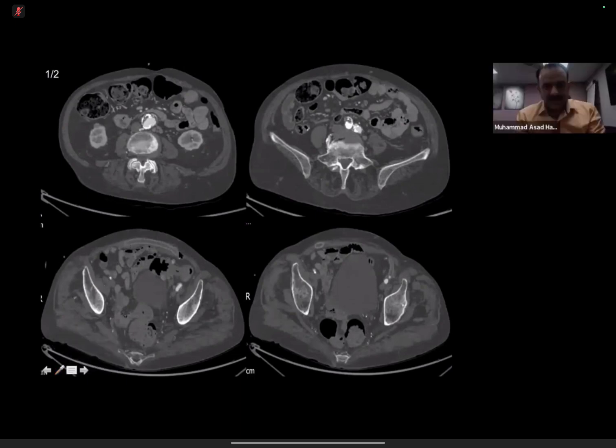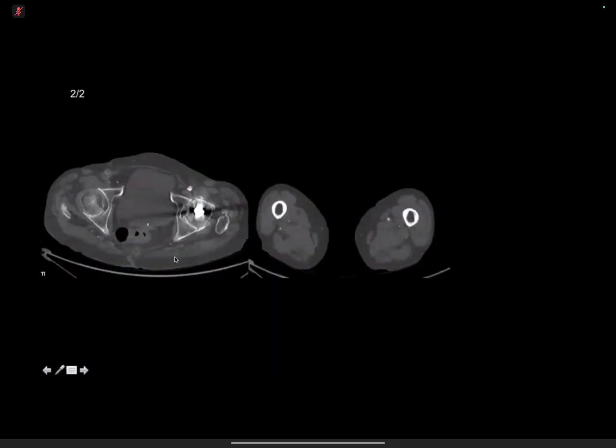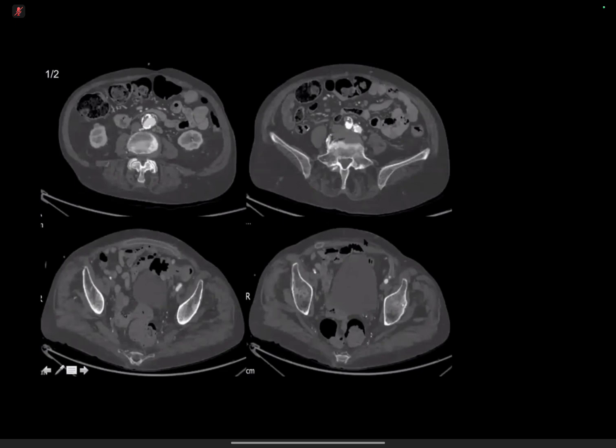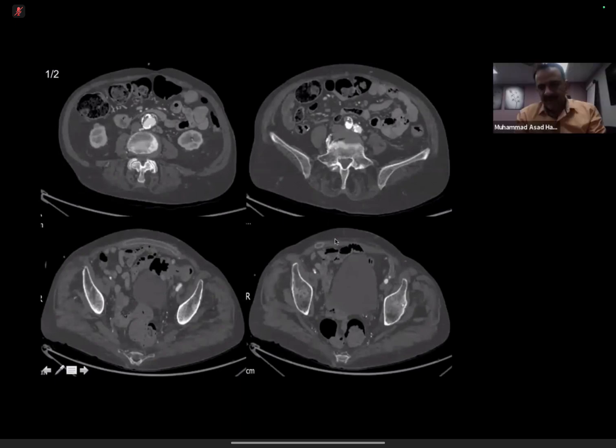Candidate 6? Yes, I can see it. Okay, so if you can see, the others are able to see as well. So just to show everyone, this is the bypass graft which candidate 6 was referring to. It's not fem-fem, it's going from the iliac to the femoral artery.